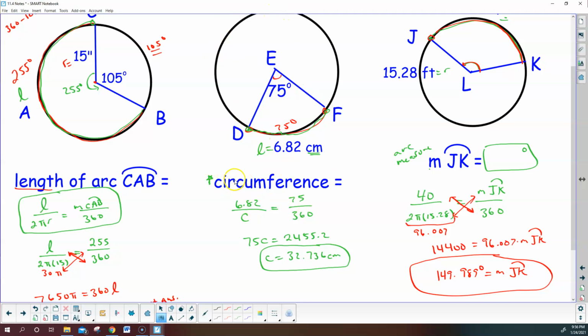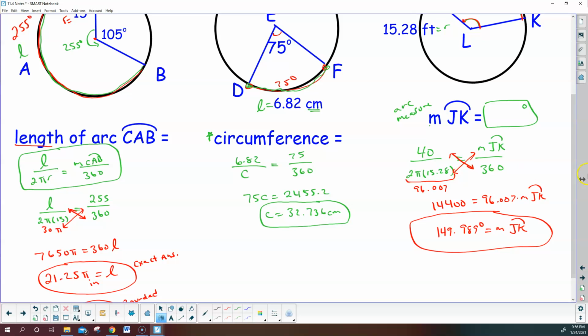If I do this problem and I find the circumference, I could also ask you, what's the radius? Well, all you do is take this answer, and this answer is equal to 2 pi r. That's the circumference, right? So then all you would do is divide both sides by 2 pi.